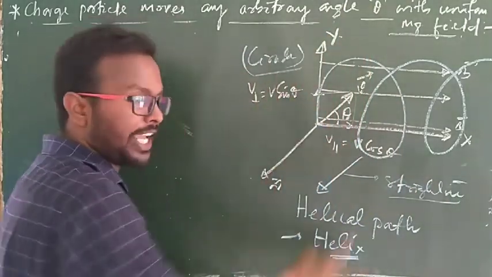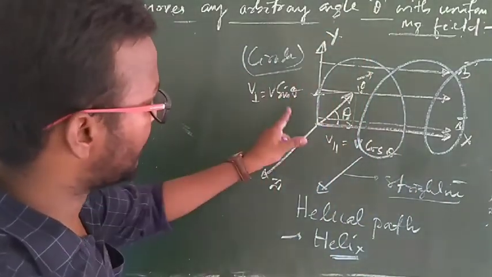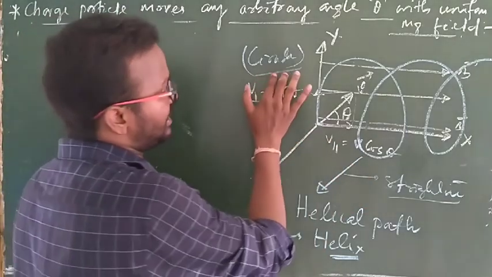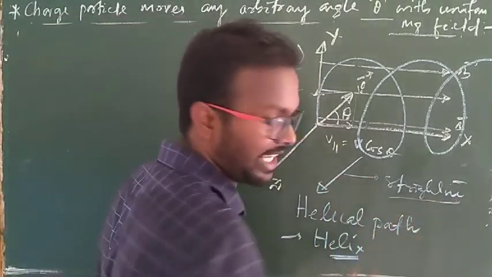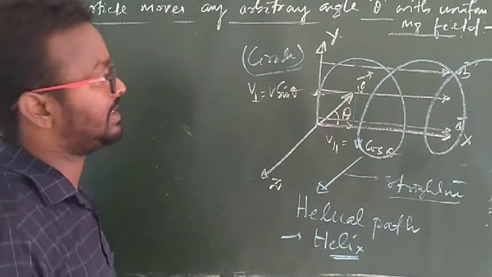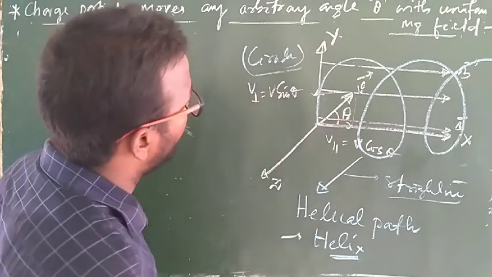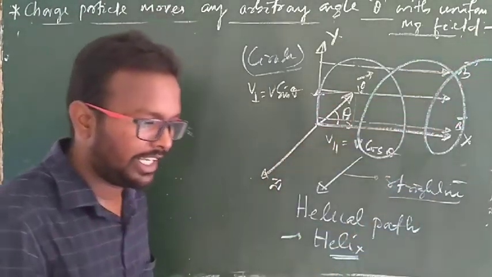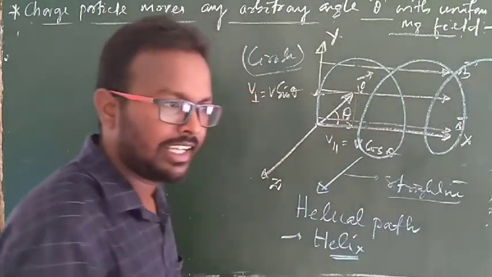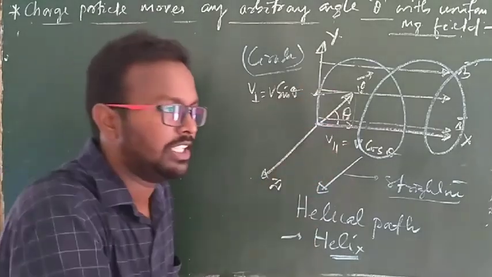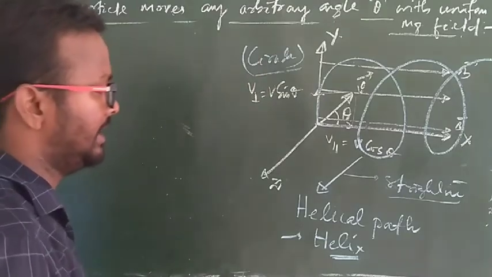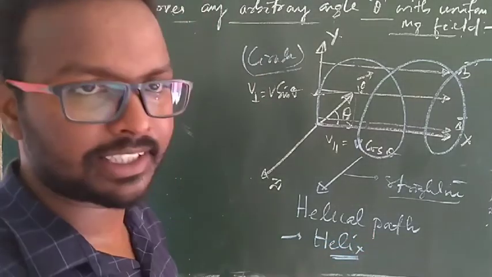If there are two types of velocity, one parallel and one perpendicular, then due to the circling and the straight line, the combination of these paths will be helical, like this. Here it moves along the x axis and also makes a circular path. So this is the helical path, the resultant path of the charged particle.